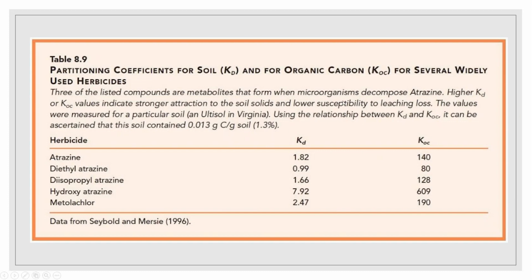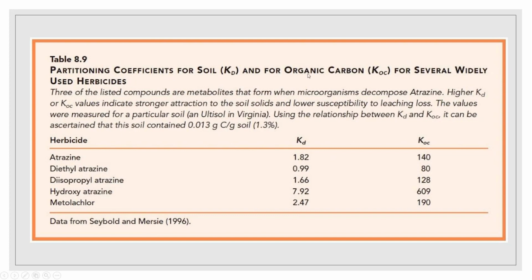And then just to look at some of these different partitioning coefficients. If we were in a herbicide technology class, this might play a role. We can see that the organic matter influences how much of that herbicide is actually adsorbed.